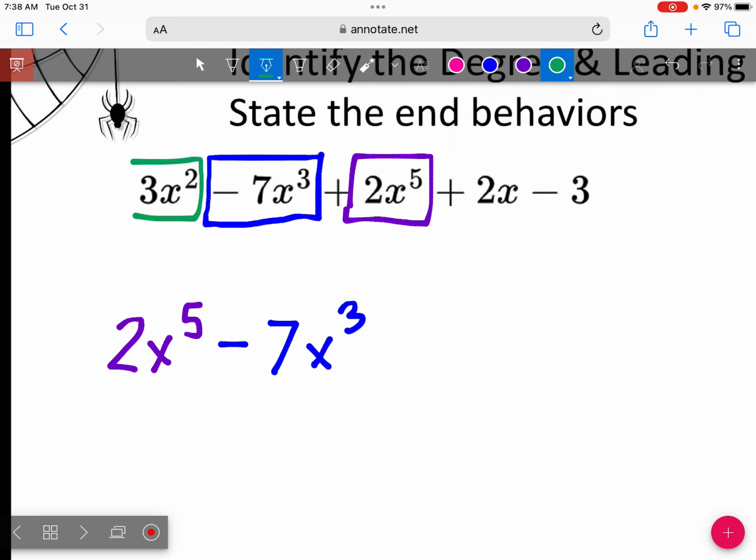The 3x squared. What operation is going to go in between my 7x cubed and my 3x squared? Addition. Because there's not a sign in front of the 3x squared that we can pull with it, so we have to know if there's not something written there, it's an assumed positive.